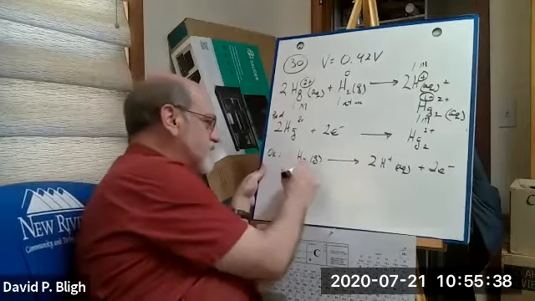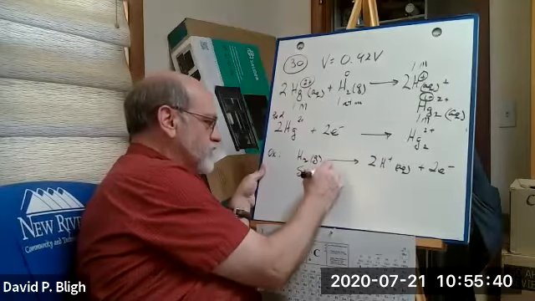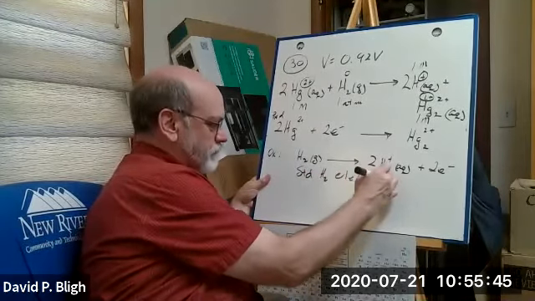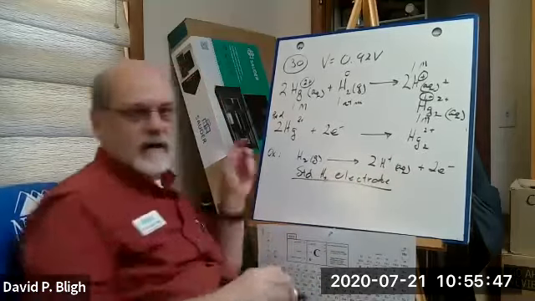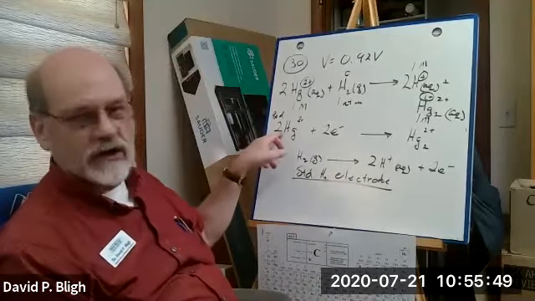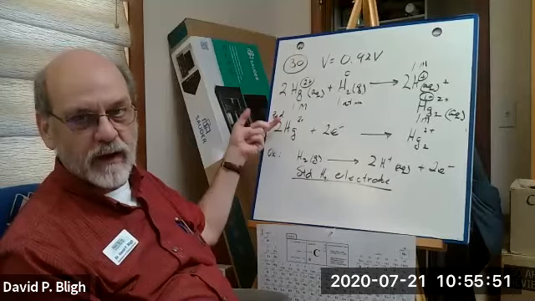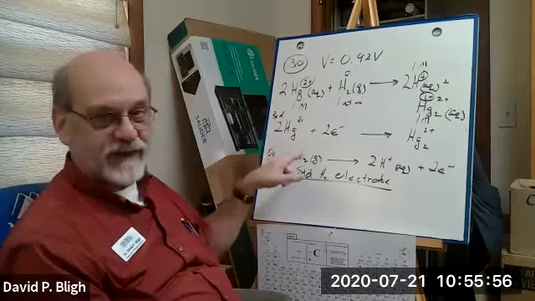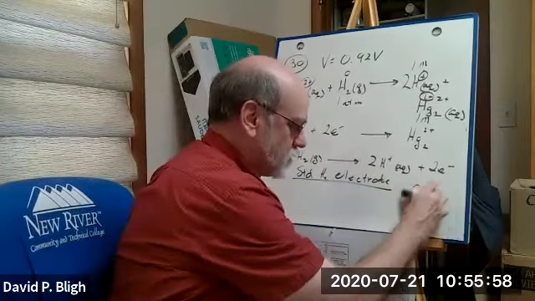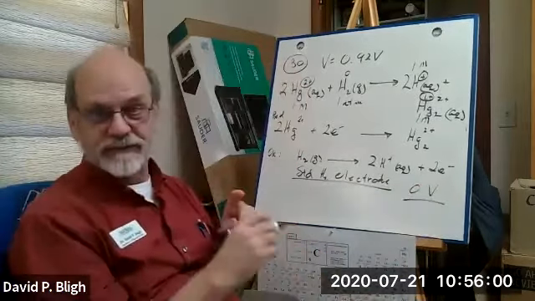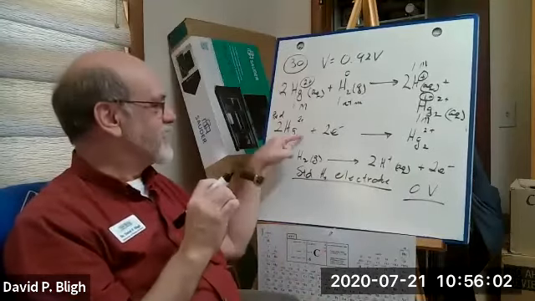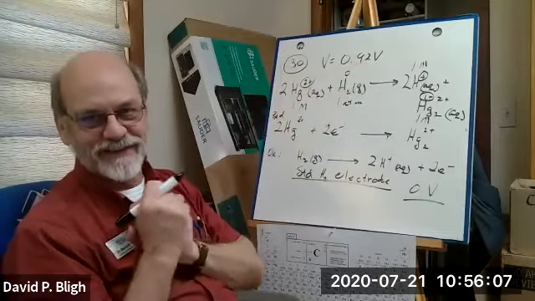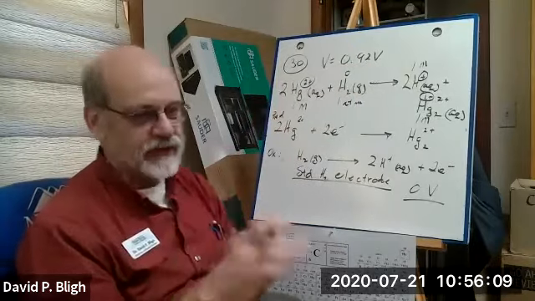This is the standard hydrogen electrode. All voltages for reductions are compared to that half reaction. So this one is by definition 0 volts. That means that this half reaction is 0.92 volts. Okay? Kind of tricky.